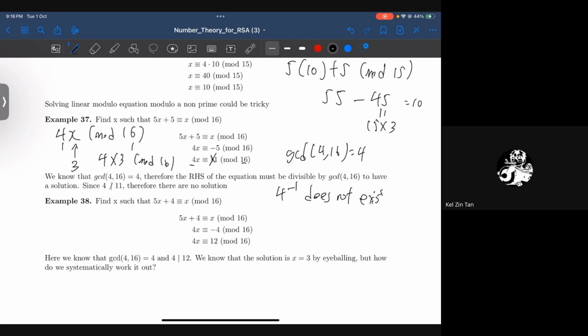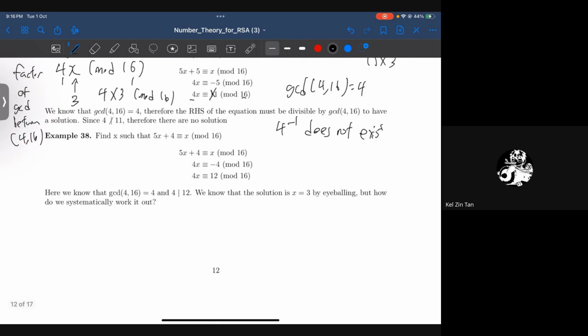So basically, 4x will always have a factor of the GCD between 4 and 16.